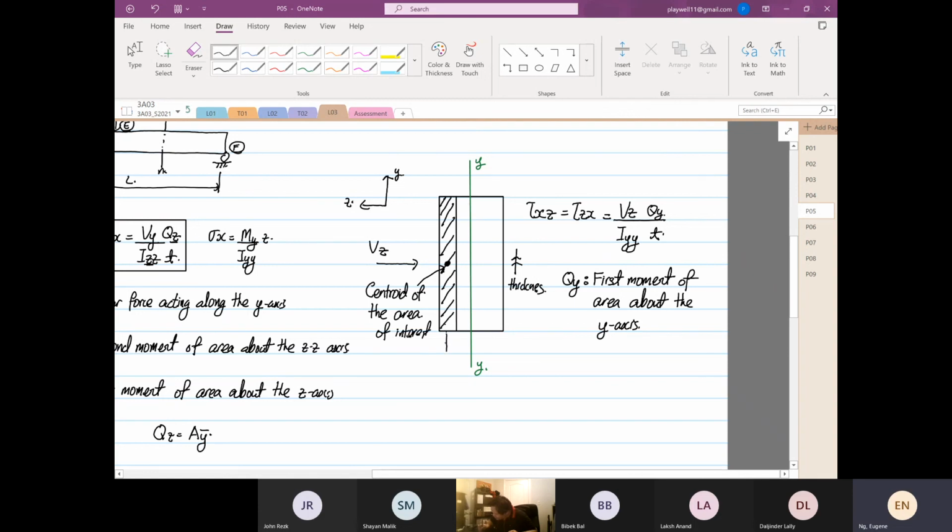Right? So this distance from here to here will be known as your Z bar, right? Because we are measuring along the Z axis. Okay, so when that's the case, Qy is equal to A Z bar, where this is the area.